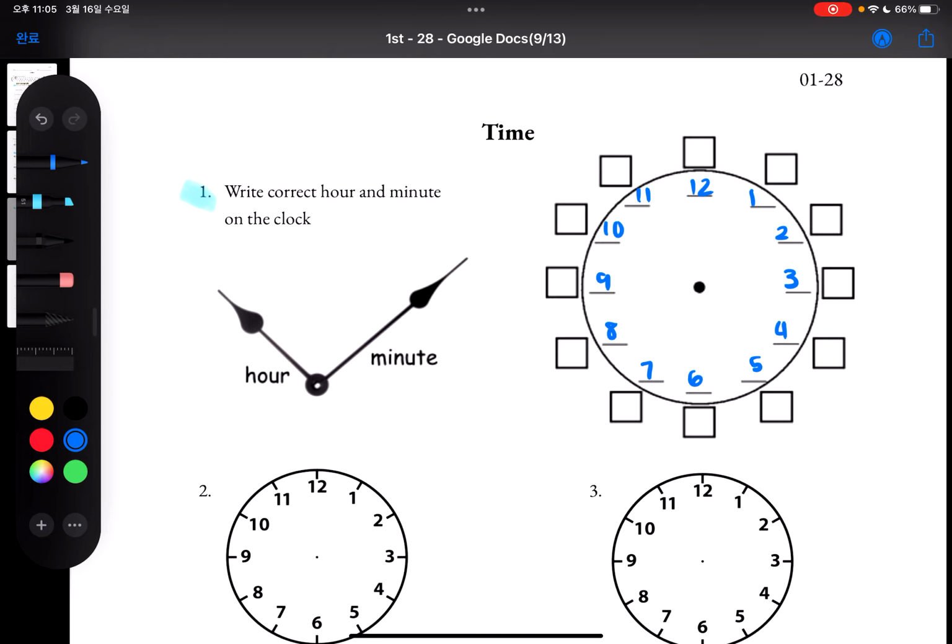You go by 5s. Hours, you count by 1s. Minutes, you count by 5s. So 5, 10, 15, 20, 25, 30, 35, 40, 45, 50, 55, and 00.